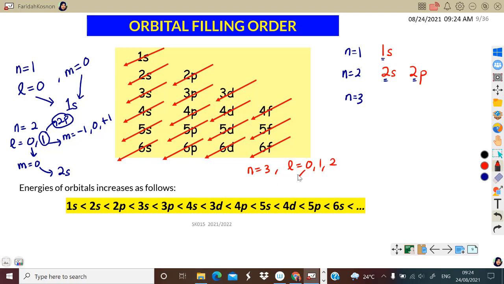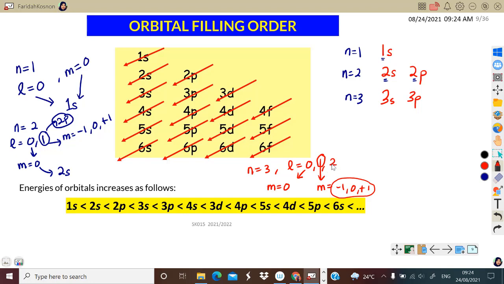Bila L kosong, m kosong, we have 3s orbital. When L is 1, m is negative 1, 0, positive 1. So when L is 1, we have 3p subshell. So 3p subshell, dia ada 3 orbital.